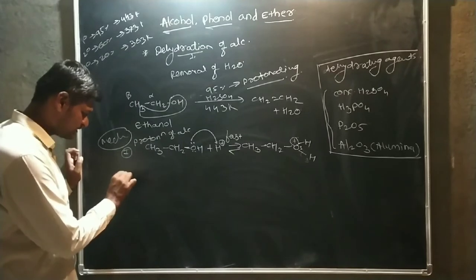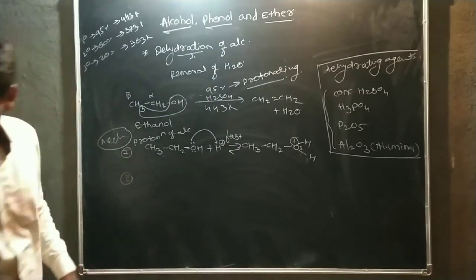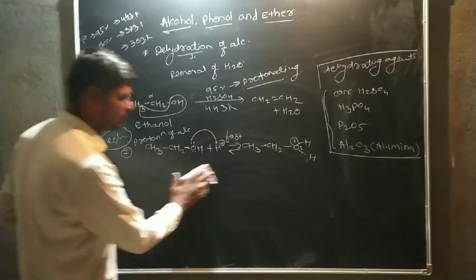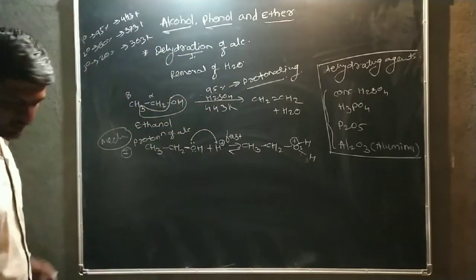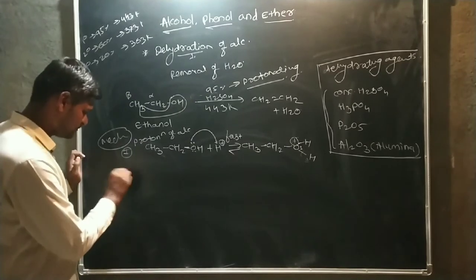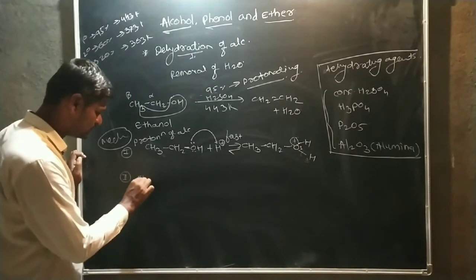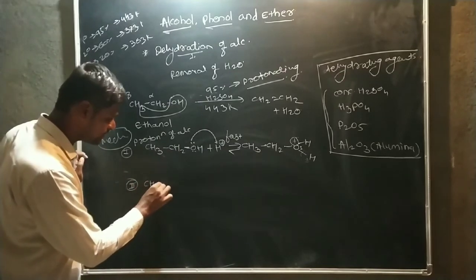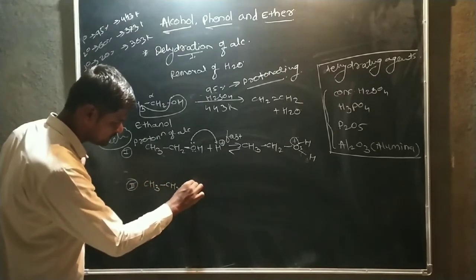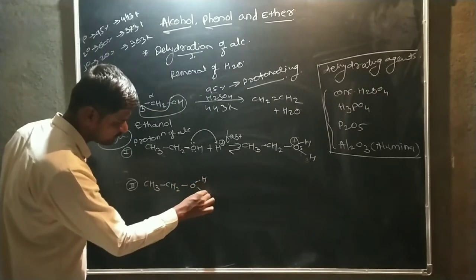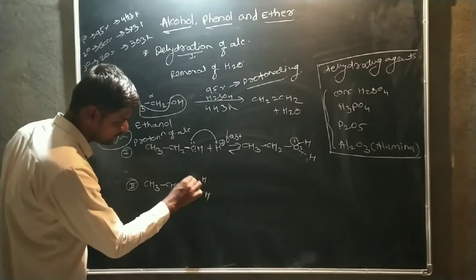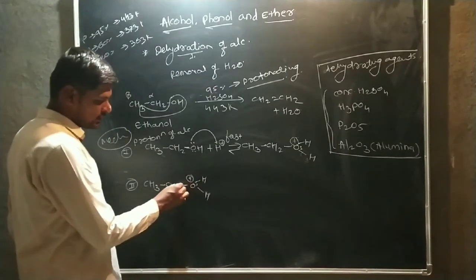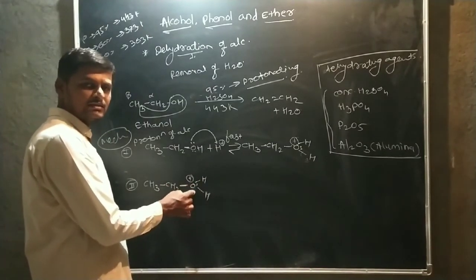Therefore, in the second step there is a formation of carbocation. Here is the second step, then CH3CH2, this is the protonated alcohol which is formed in the first step. This oxygen is an electron deficient species and it carries one lone pair.